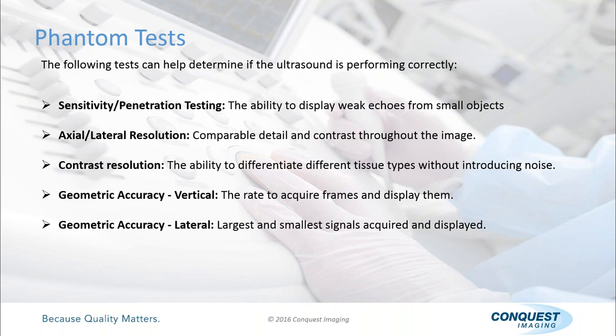So very reliable. And so let's talk about some of the testing that we perform using a phantom and the importance of these. So, sensitivity, penetration testing. They're the same thing. You may hear some people call it penetration testing, but in reality, they define it as sensitivity, which is the maximum depth of penetration. And it's the ability to display weak echoes from small objects.